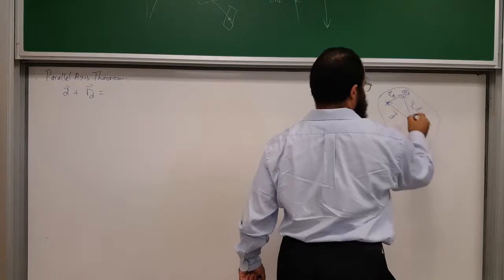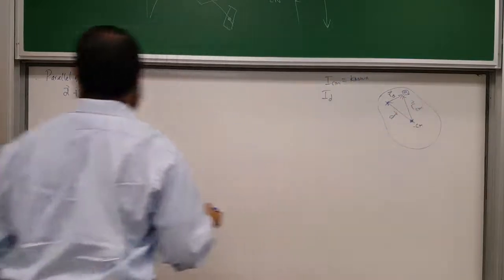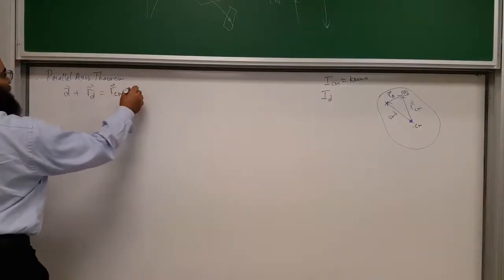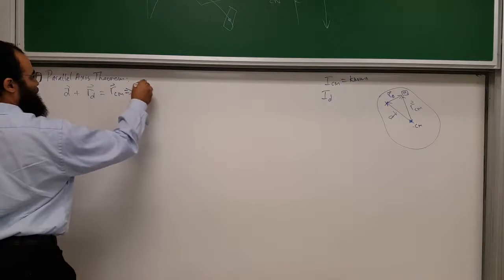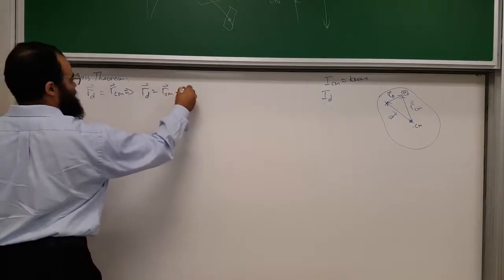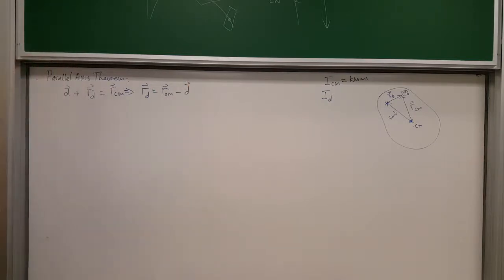D plus R_D is equal to R center of mass, and therefore R_D would be R center of mass minus the vector D.